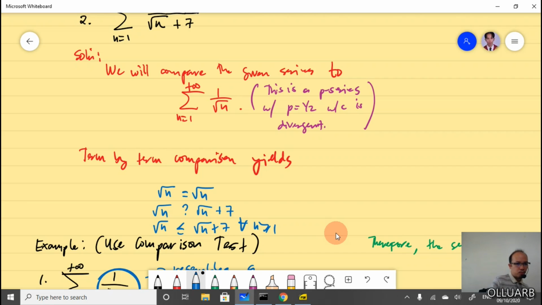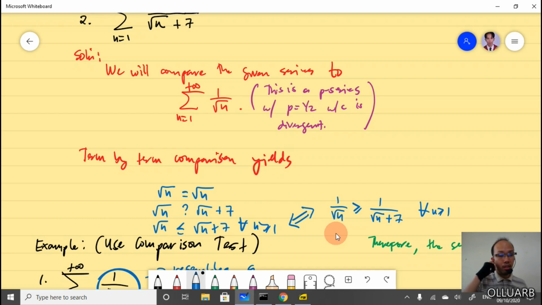Based on our discussion before, 1 over square root of n is greater than 1 over square root of n plus 7, for all n, based on our recall.